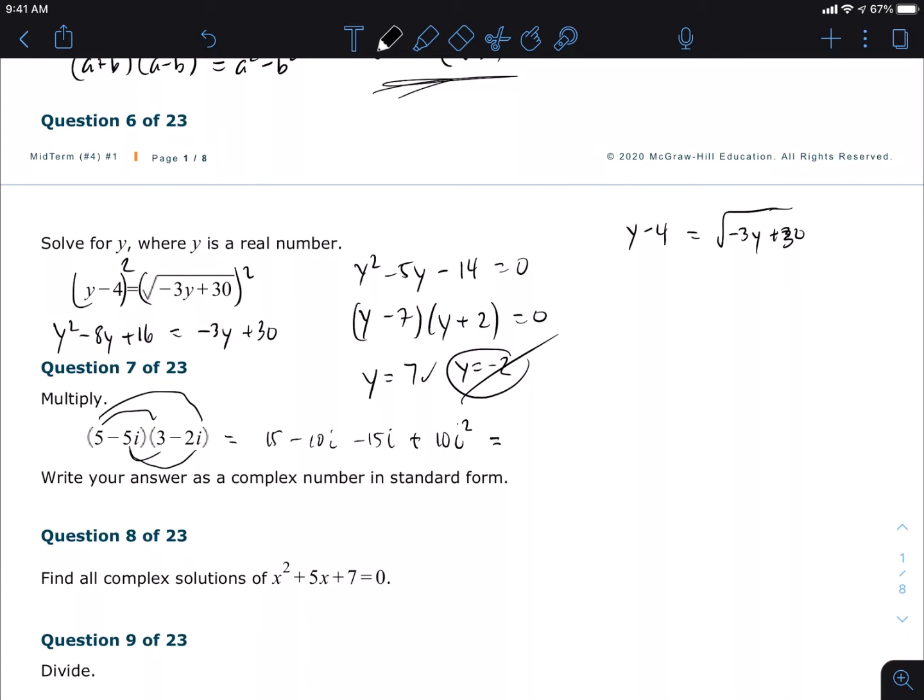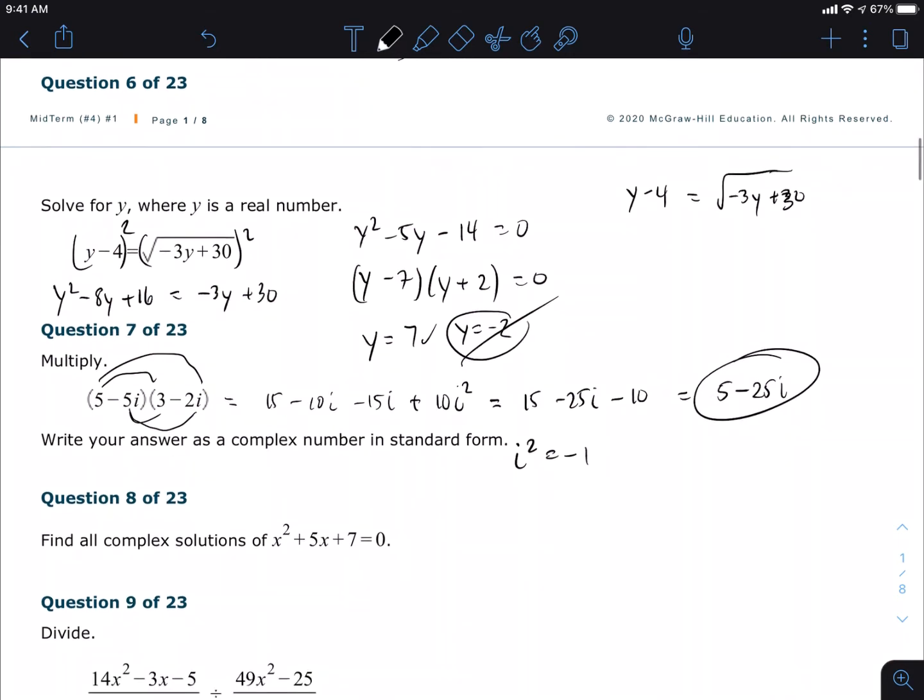So I'm going to get 15 minus 25i minus 10, which is going to give me 5 minus 25i, and that's my answer. Don't forget, i squared is equal to negative 1. That's an idea that you need to be able to remember and do.